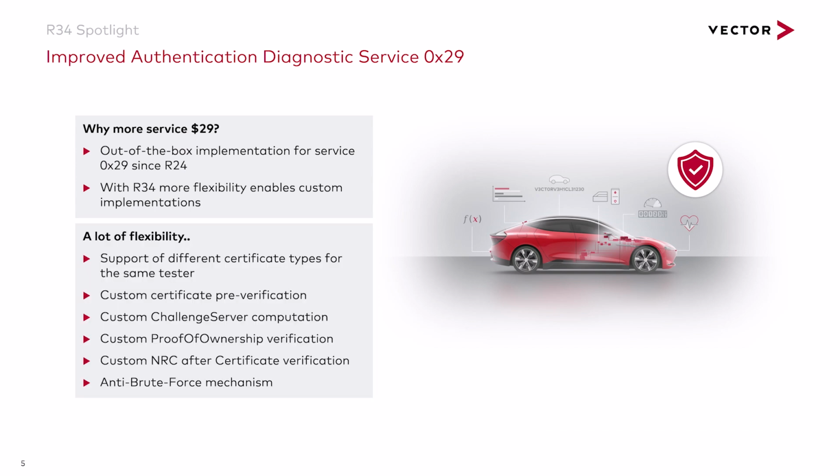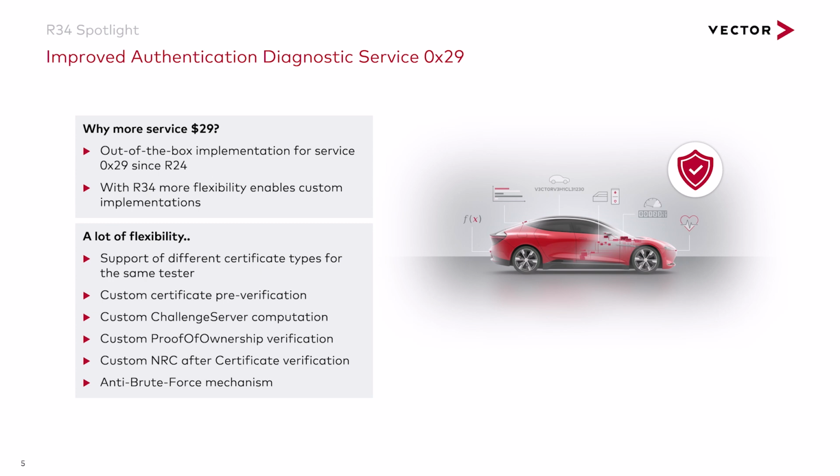Okay, number 1. It is now possible to use different certificate types for the same tester by configuring KeyM certificate groups. 2. An anti-brute force mechanism, similar to Service 27, has also been added. This may not be needed for Service 29 in the same way like for Service 27, as service operation already takes a perceivable time typically.